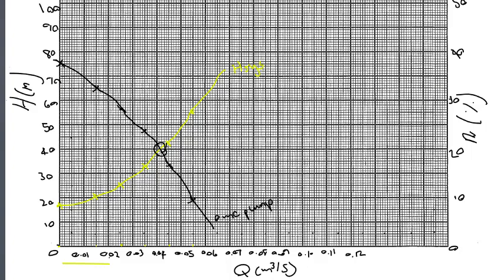So our first duty point value, we can clearly see from the graph, if we go and read the head value, it's gonna be more or less 40 or 39. If you plotted it accurately, you should get 39. And if we go down, our Q value should end up at 0.042. So that's our first point. But we still need efficiency, so we also need to plot efficiency. So we'll do that next.